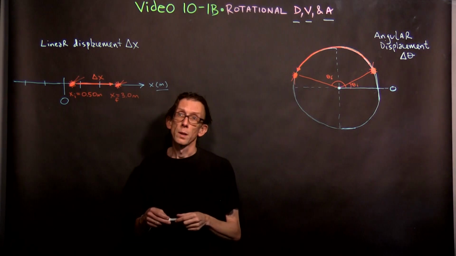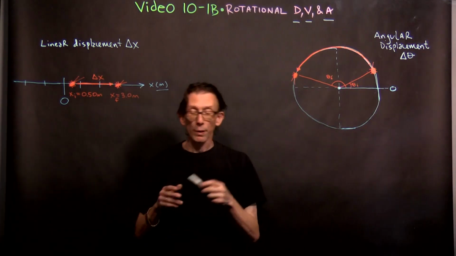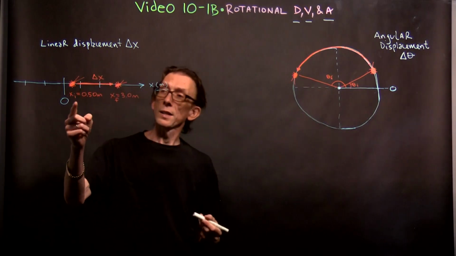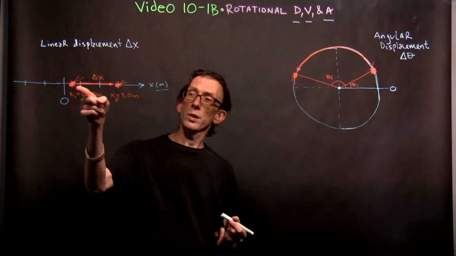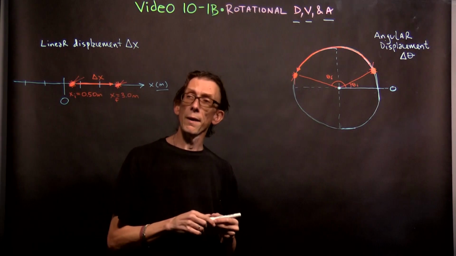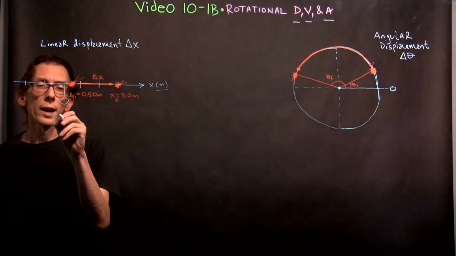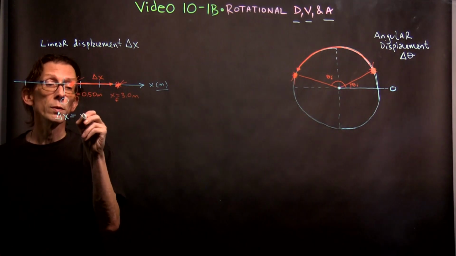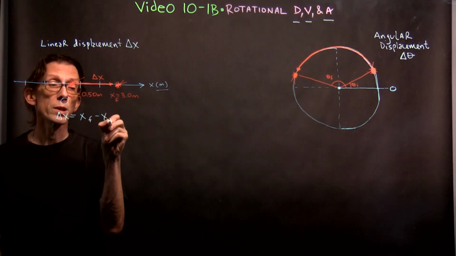So, you remember linear displacement, right? There it is in all its glory. If our bug starts at x equals 0.5 and walks to x sub f is 3.0, delta x is the displacement, and it's equal to the final position minus the initial position.